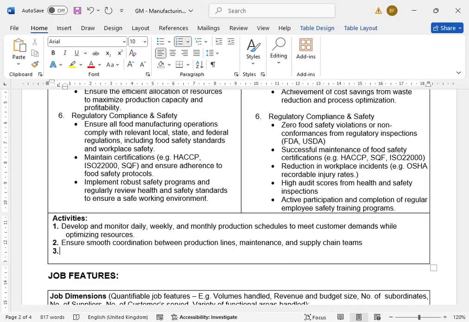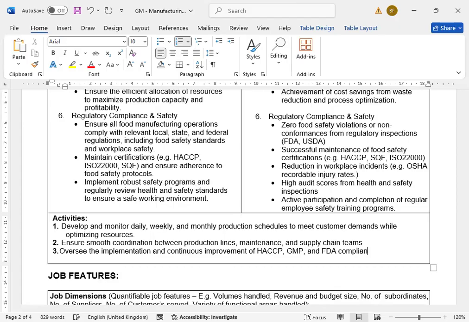Number three, oversee the implementation and continuous improvement of ASAP, GMP, and FDA compliance.